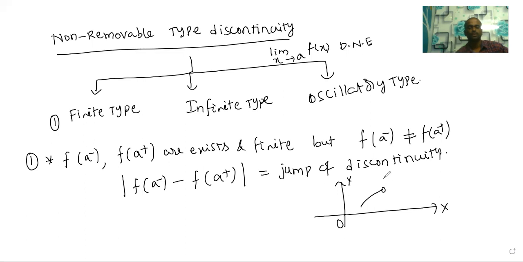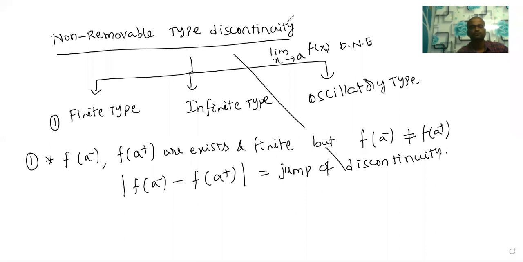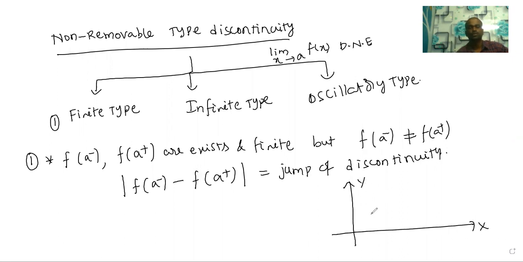So if f of x has finite type discontinuity at x is equal to a, in the neighborhood of a, the graph may be approximately like this. Once again, I'm drawing. So the situation at A will be approximately like this.